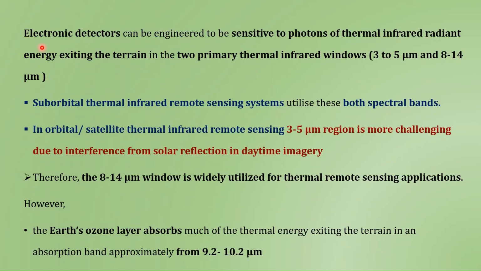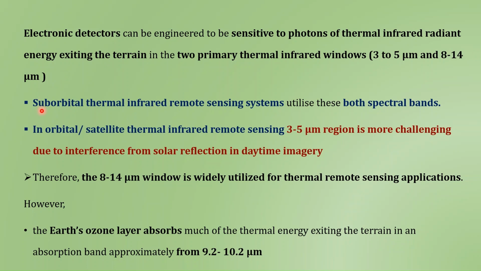So, in thermal remote sensing, the electronic detectors can be engineered to be sensitive to the photons of the thermal infrared radiant energy exiting the terrain in the two primary atmospheric windows, that is 3 to 5 micrometer or 8 to 14 micrometer.